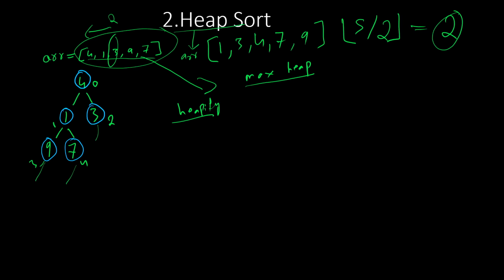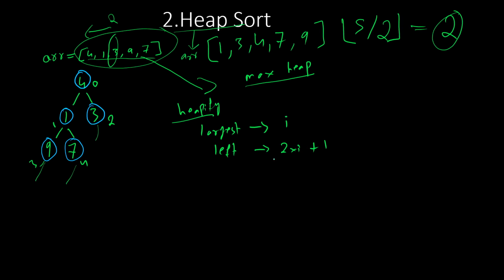It doesn't have any child node, so the elements will remain undisturbed, but there is a method to check. For that we take a largest variable, and we set largest to i. We also need to know whether the children exist or not. So we take a left variable, which is 2 times the index plus 1, giving us the left child.